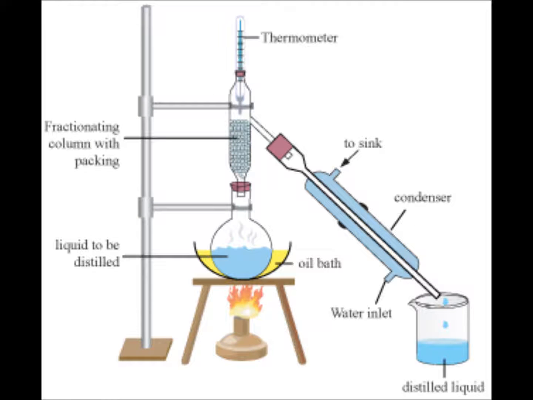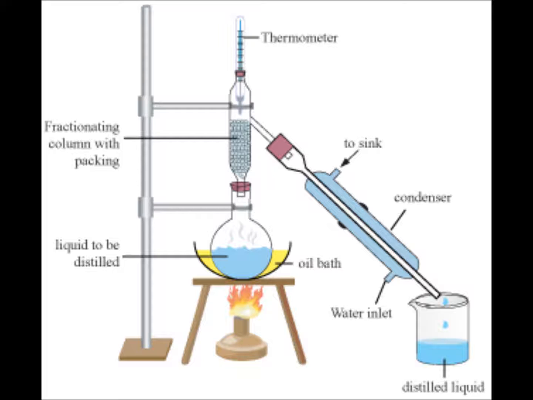Fractional distillation. This method is used to separate miscible liquids that have boiling points that are close, that is, within the range of 25 degrees Celsius. For example, alcohol and water. Heat is applied to the mixture and the liquid of lower boiling point will change to vapor first.